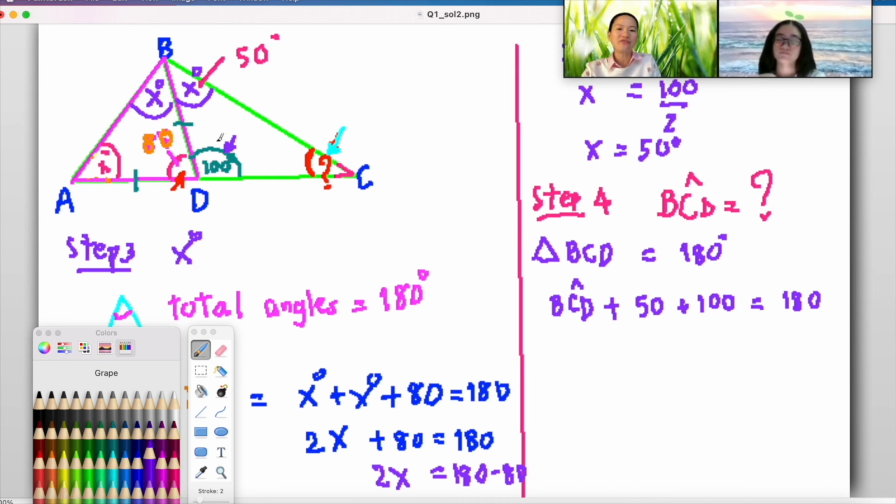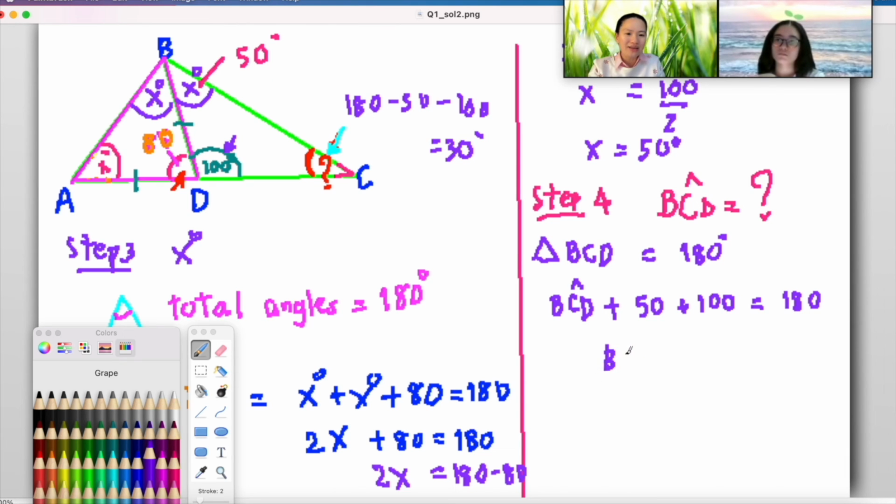Now we have 50, 100. Yes, actually, Leila, you can think in your mind. You know straight away it's equal 180 minus 50 minus 100, which is 30. Yeah, but I try to write down step by step with you.